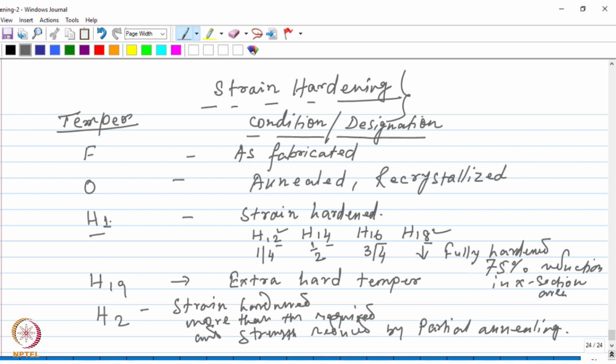And like in case of H1, you have one more digit to follow. Here also you have the same thing. So in the previous case, the second digit indicates the level of straining or the degree of deformation, but in this case, the second digit indicates the degree of strain hardening which is remaining.